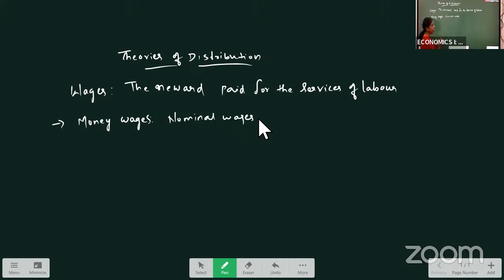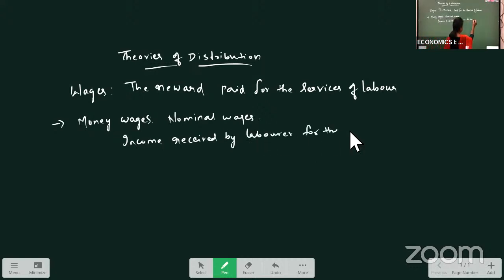So it is the income received by the laborer for the services rendered, meaning for the services given in the production activity, in physical or mental form.